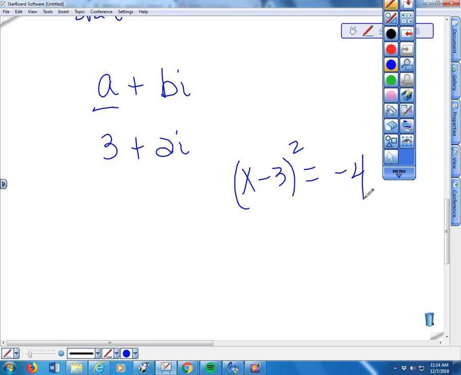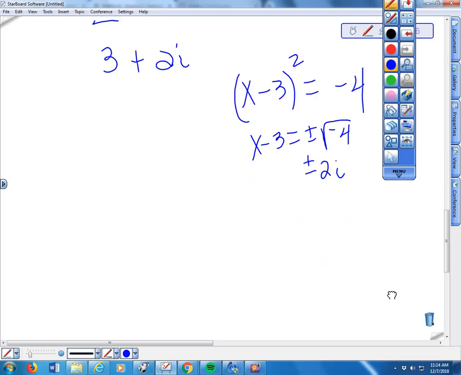Take the square root of both sides. I know this is 2i. Then I have to add 3 to it, right? So I'm going to end up getting x equals 3 plus 2i or 3 minus 2i. This is a complex number. It has a real part and an imaginary part.